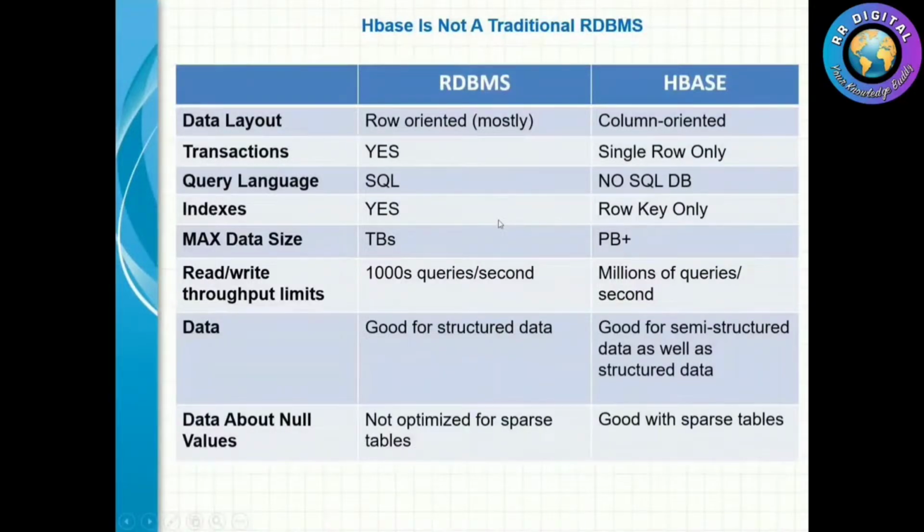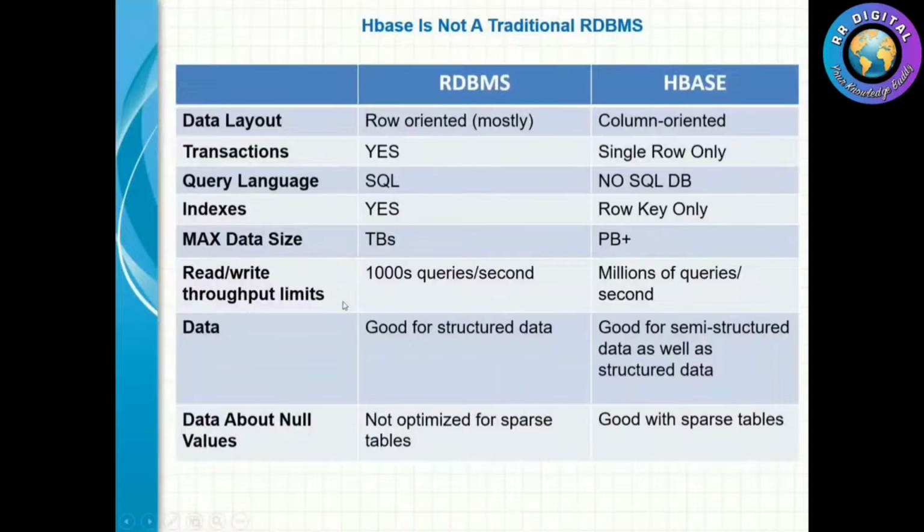On indexes, an RDBMS supports them, but here the row key acts as the index or primary key. On maximum data size, an RDBMS supports terabytes, but HBase supports petabytes plus. So compared to an RDBMS, HBase supports a much larger data size.